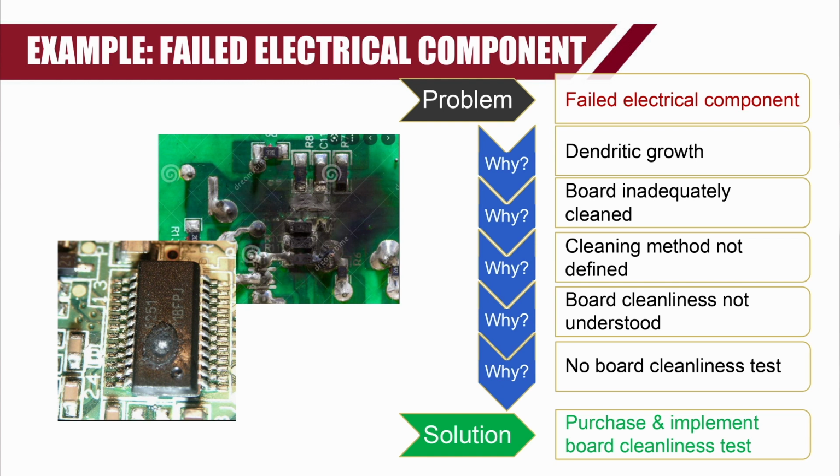Because the cleaning method for this board had not been defined. And why was the cleaning method for this board not defined? Well, the board cleanliness was not understood. And why was the board cleanliness not understood? Is because there was no board cleanliness test available. So the solution for this particular problem was to purchase and implement a board cleanliness test. By taking this approach, we'll be able to prevent dendritic growth failures in the future on our electrical components.